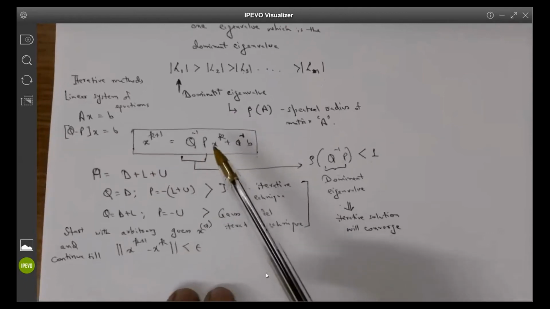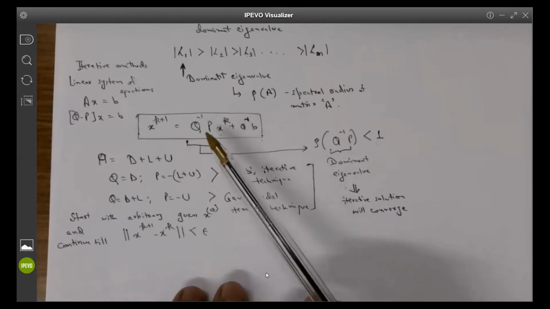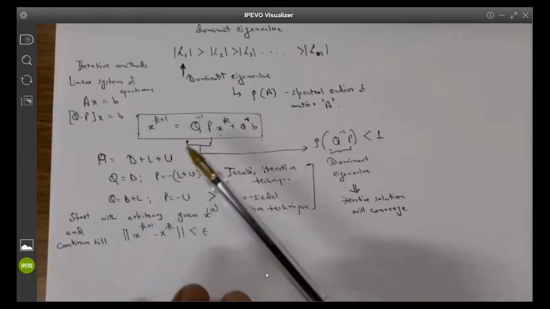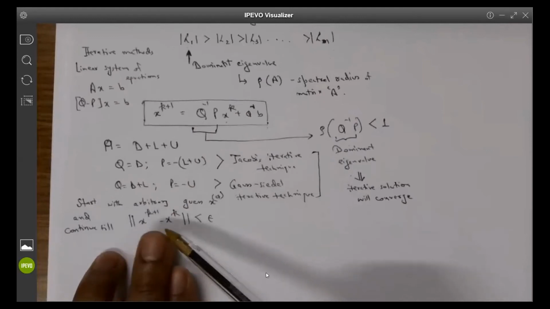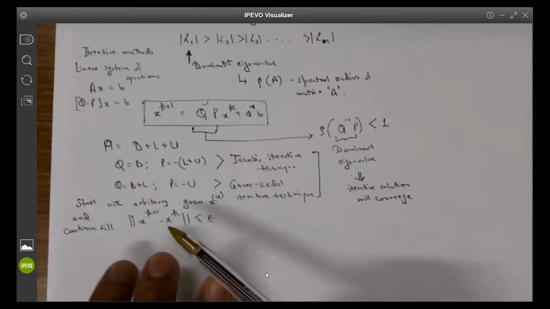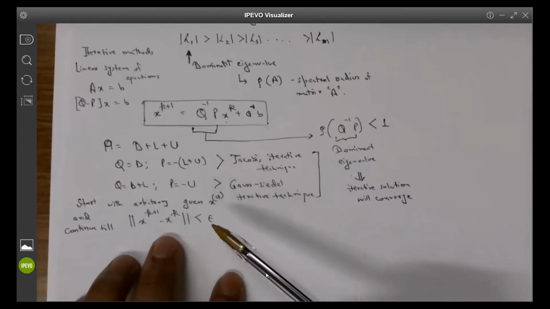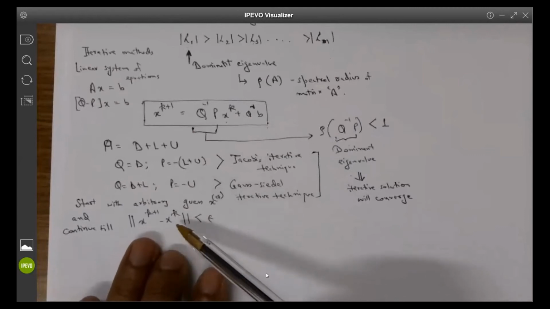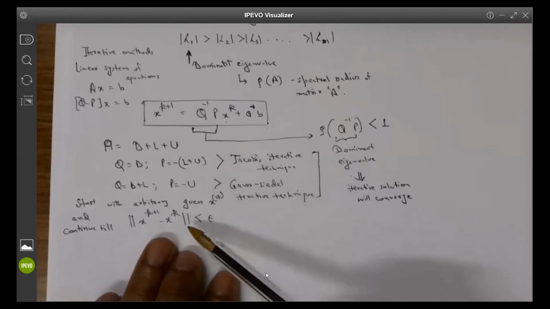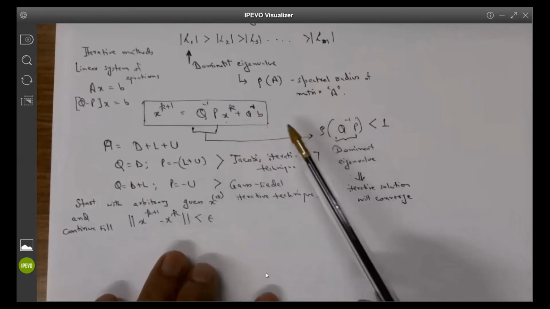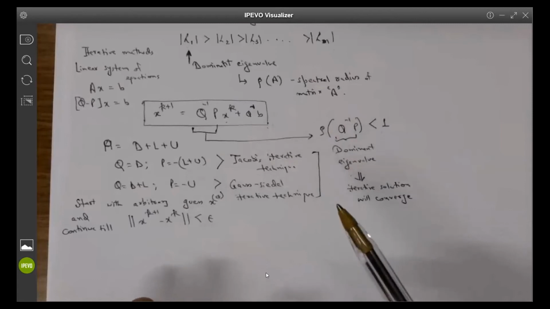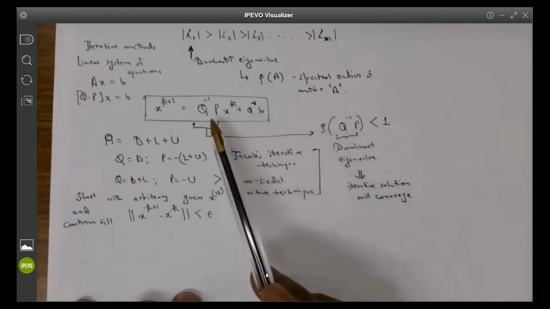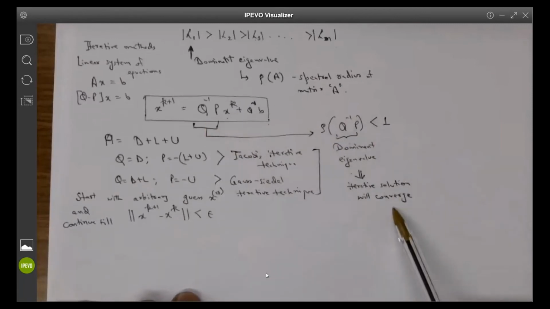Eventually, after a certain number of iterations, let's say x11 or x12 or maybe x21, you'll find that x21 minus x20, the current iteration minus the previous iteration, shows not much difference in the estimation. So you know exactly at what point you need to stop. But this stopping criterion can only be met if the system is converging, and the condition that guarantees convergence is that the dominant eigenvalue has to be less than 1.